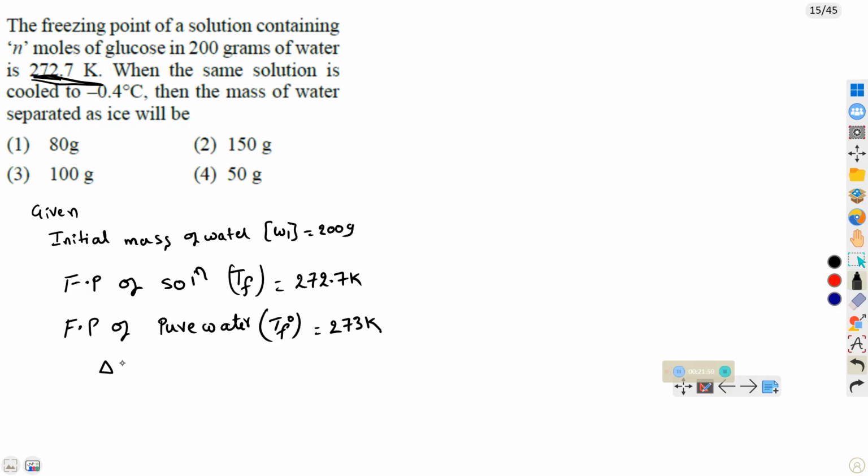Calculate delta Tf. Delta Tf is equal to Tf naught minus Tf. 273 minus 272.7, that is equal to 0.3 kelvins. Now, second temperature is given in terms of degrees Celsius. Final conditions.